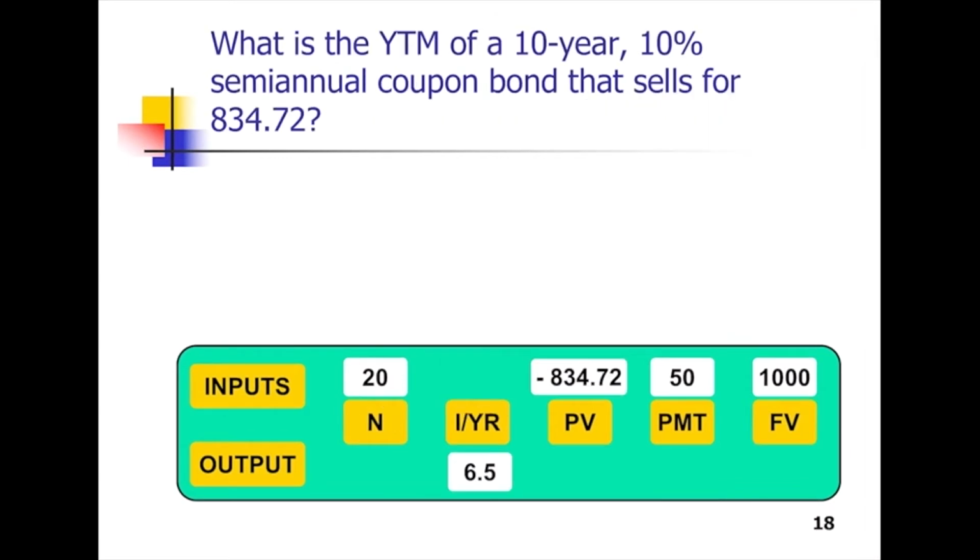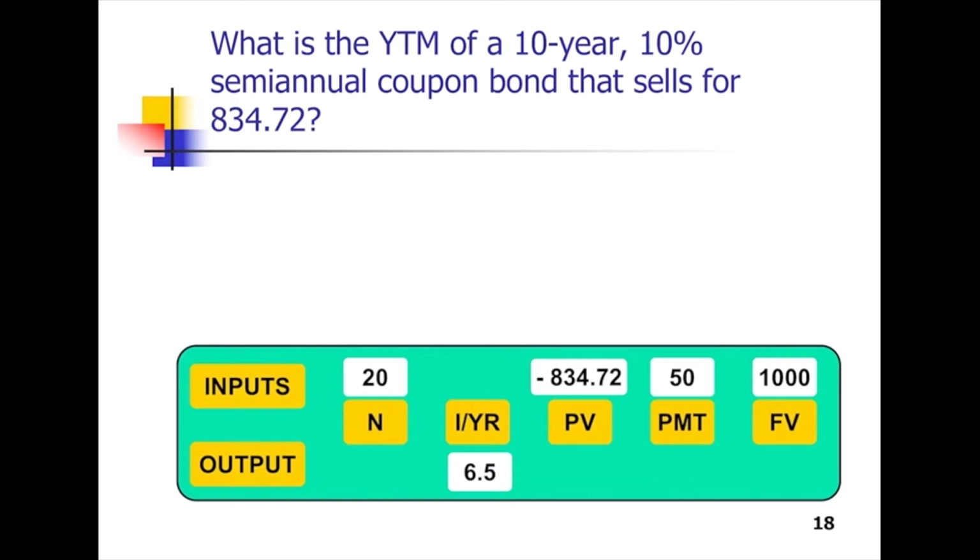Here is another example. What is the yield to maturity of a 10-year 10% semi-annual coupon bond that sells for this amount? In this case, we input the 4 keystrokes and then get the number, 6.5%.